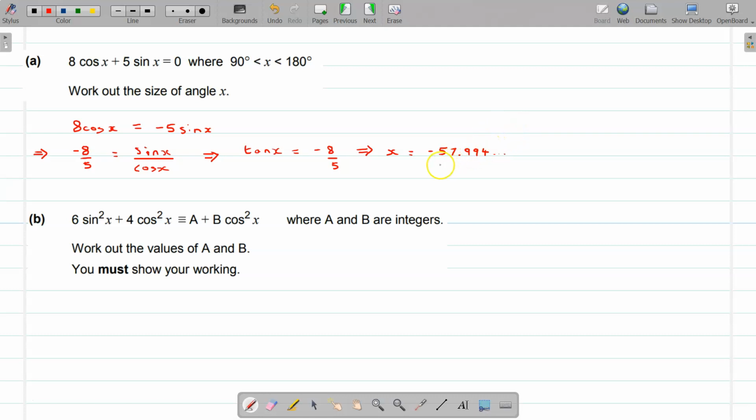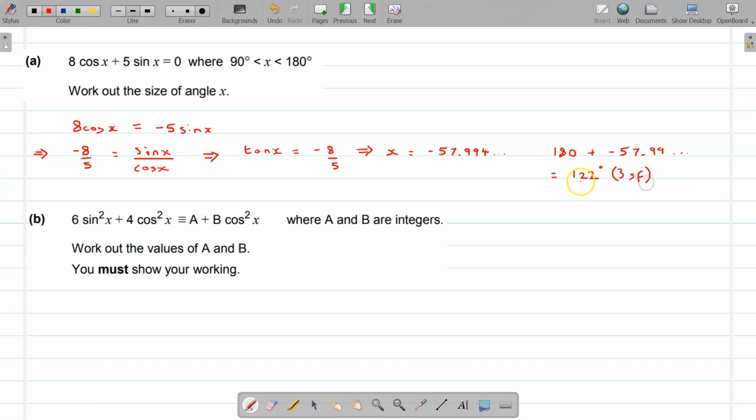And you then need to add 180 onto that, because that isn't in the range, and the tan function repeats every 180 degrees. So I now need to do 180 plus minus 57.99, and that comes to exactly 122, well, not exactly, but 122 degrees to 3 significant figures.